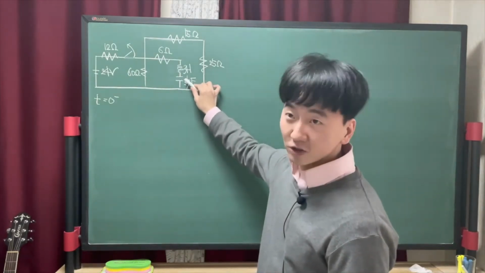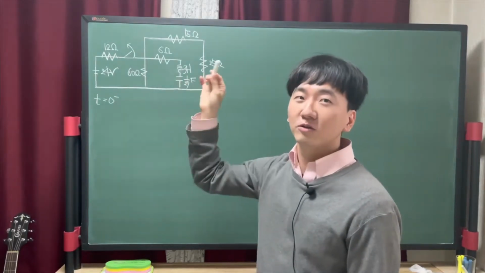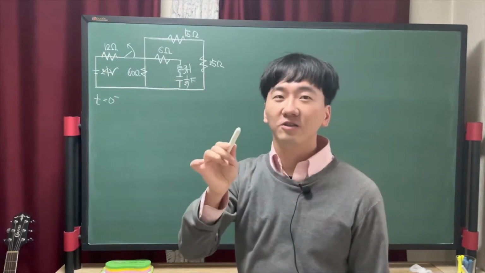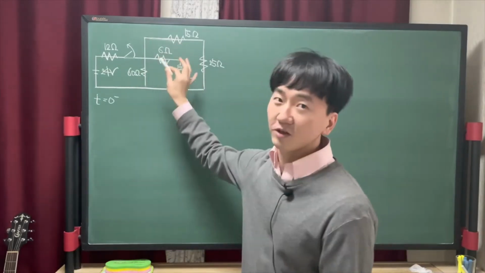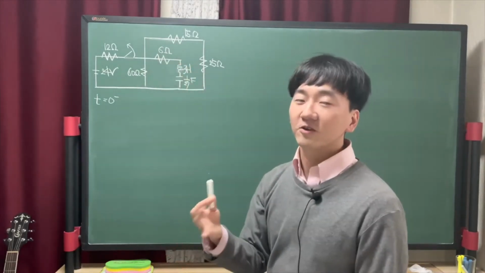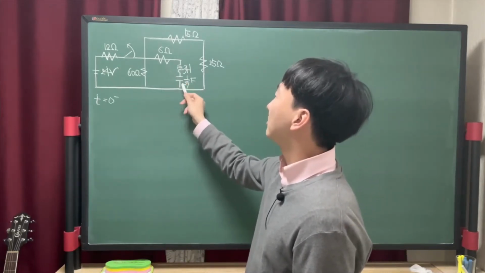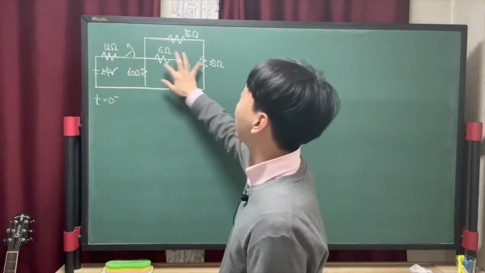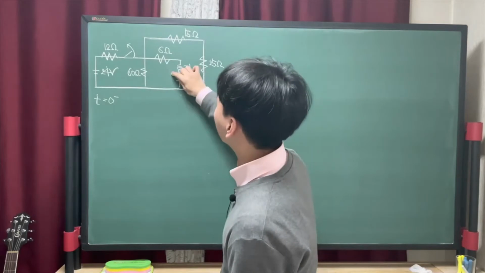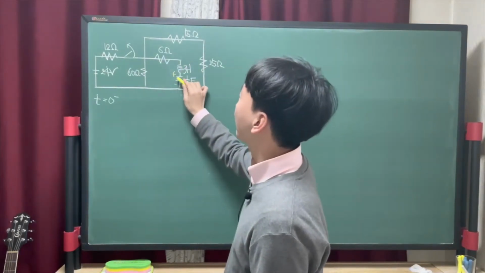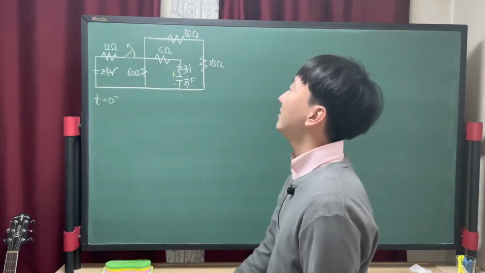Because it is fully charged with no current, the charge is steady, so the derivative of charge is 0, so no current. Current is the derivative of charge. So this is plus and minus, the same voltage here and the same voltage here.